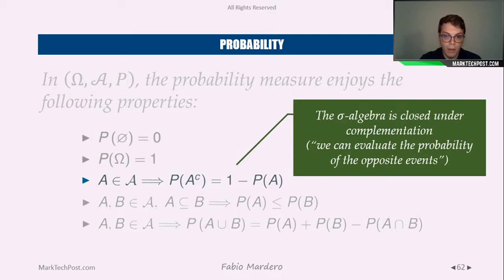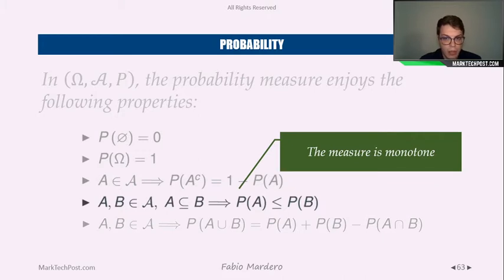So that's why we have defined the sigma algebra with this property, the fact that it's closed under complementation, because we already know what we want from the probability measure. With this third property, we can evaluate the probability of the opposite event, the complementary event.